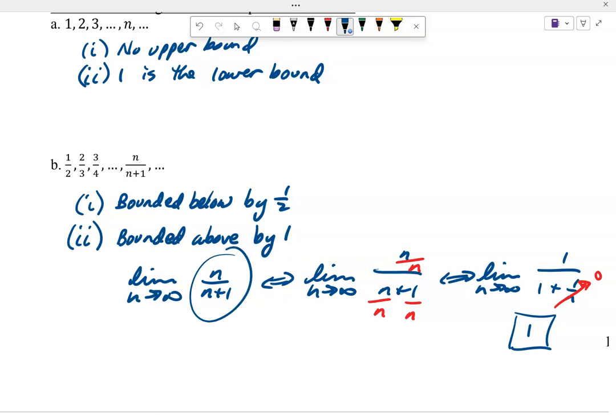You could have also thought of this in terms of pre-calc. When the degree of the numerator is the same as the degree of the denominator, then you take the leading coefficients. It'll approach that, right? That was the horizontal asymptote stuff. If the degree of the numerator is less than the degree of the denominator, it'll approach 0. Again, these are for polynomials. And if the degree of the numerator is greater than the degree of the denominator, then it shoots to infinity or negative infinity, again for polynomials. So again, this is bounded below by a half, bounded above by 1. So yeah, this is bounded because it's got both bounds.